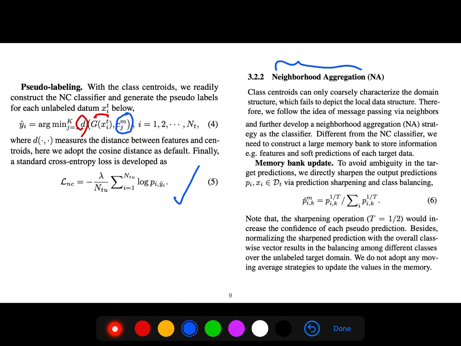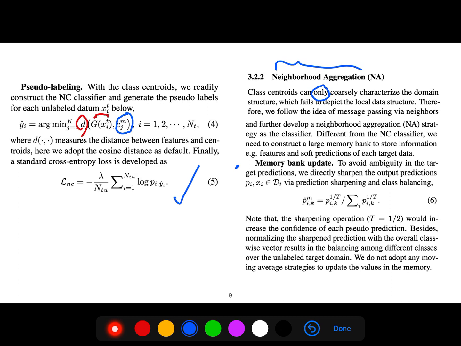But there is another approach, neighborhood aggregation, because class centroids can only coarsely characterize the domain structure, which fails to depict the local data structure. Therefore, we follow the idea of message passing via neighbors. To avoid ambiguity in the target predictions, we directly sharpen the output predictions via prediction sharpening and class balancing.